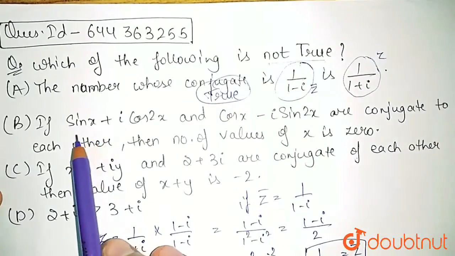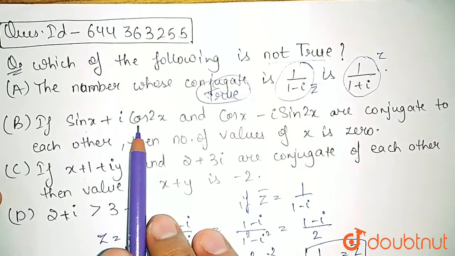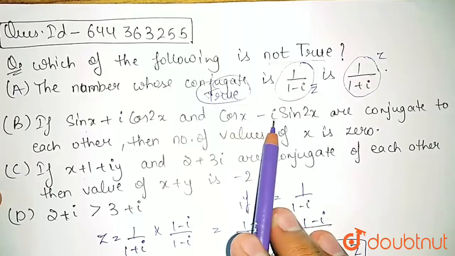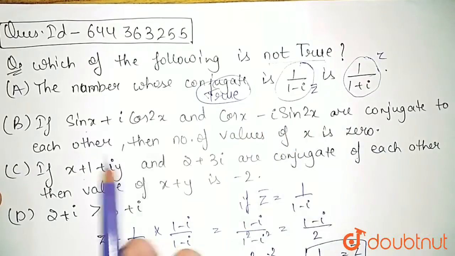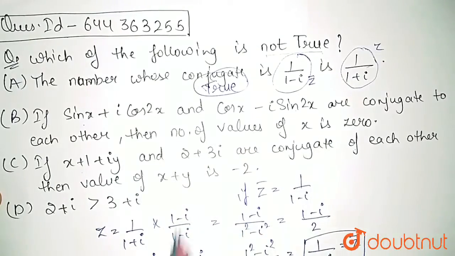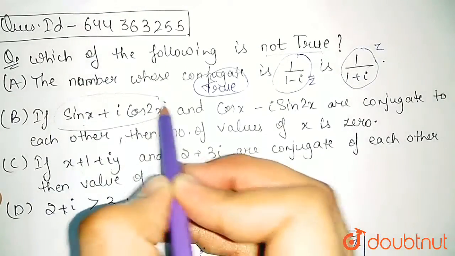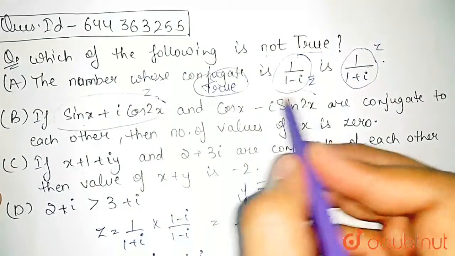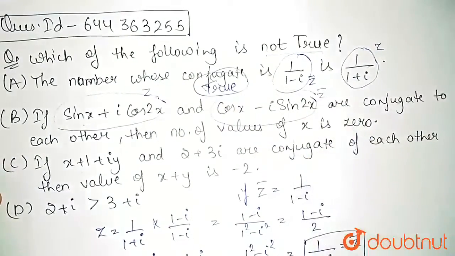The second statement says if sin x plus iota cos 2x and cos x minus iota sin 2x are conjugate to each other, then the number of values of x is 0. It is saying that if this is z, then this should be equal to z bar.